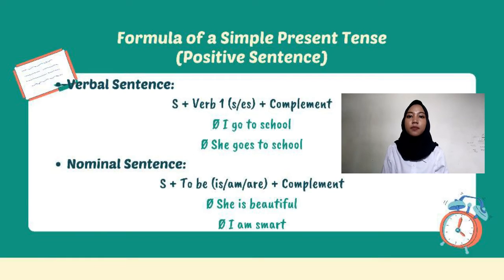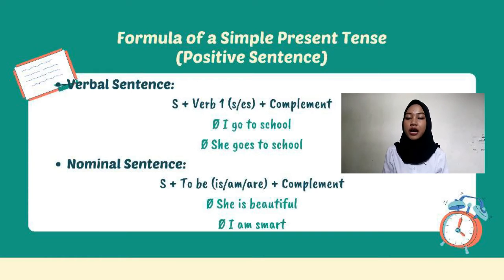The next is about the formula of simple present tense. The first is the formula for positive sentences. In positive sentences, there are two kinds of sentence, verbal and nominal. For verbal sentence, the formula is subject plus verb 1 plus complement. For example, I go to school.